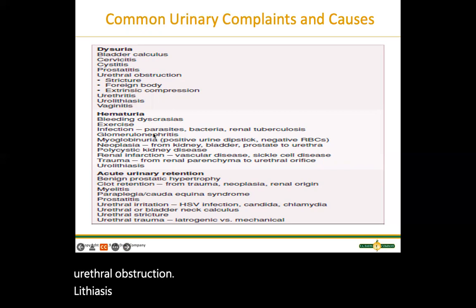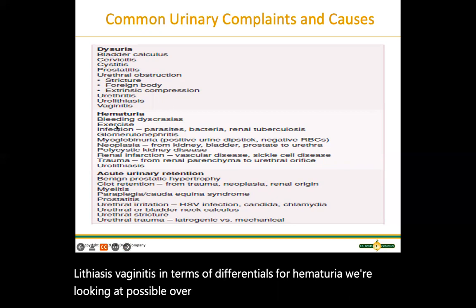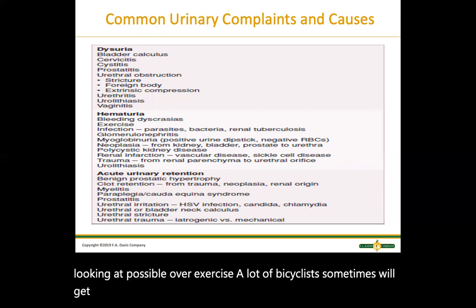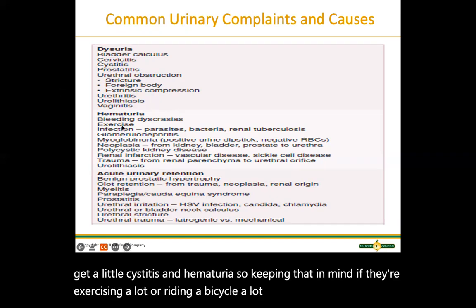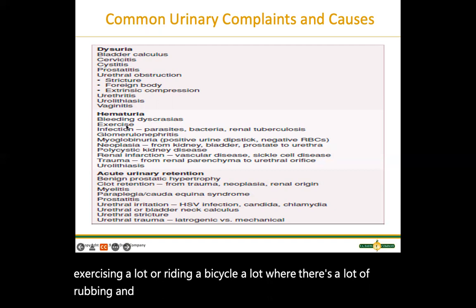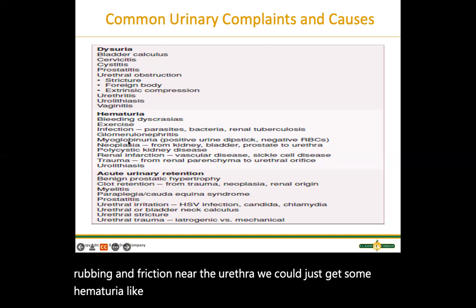In terms of differentials for hematuria, we're looking at possible overexercise. A lot of bicyclists sometimes will get a little cystitis and hematuria. So keep that in mind if they're exercising a lot or riding a bicycle a lot, where there's a lot of rubbing and friction near the urethra, we could just get some hematuria like that. A lot of male athletes or gym rats tend to get that.